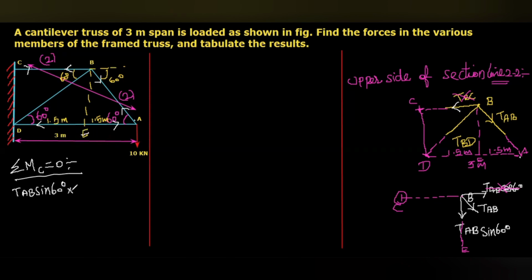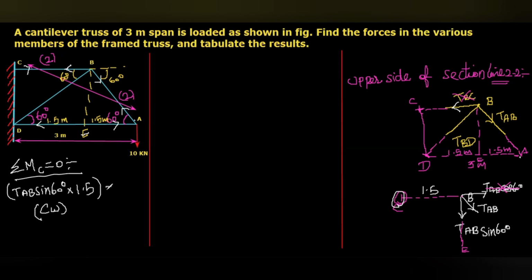CB or the DE is 1.5. This is the downward vertical component, and with respect to C, TAB multiplied by this distance 1.5 will be in clockwise direction.